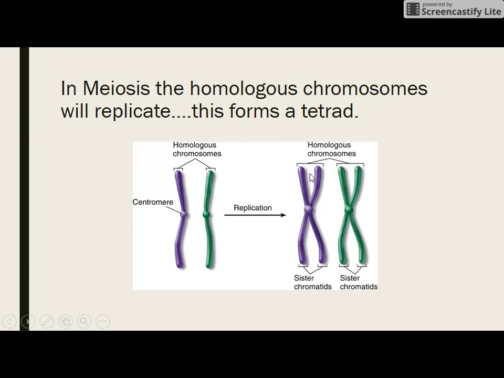And in this case, these sister chromatids are going to now line up next to their homologous chromosome, rather than in mitosis, where the chromosomes lined up completely down the middle. So in meiosis, they're actually going to line up with their homologous chromosome. We call all 4 of these chromatids, the 2 sister chromatids and their homologs, a tetrad.